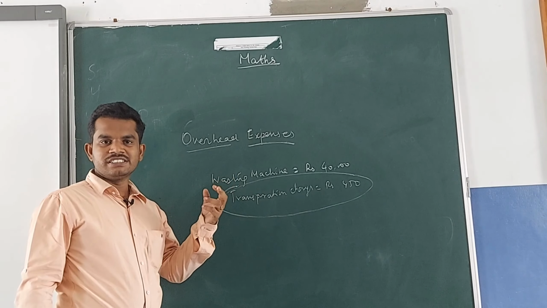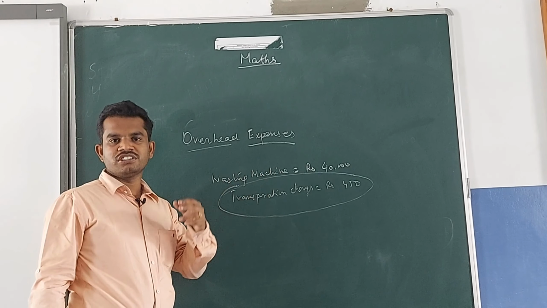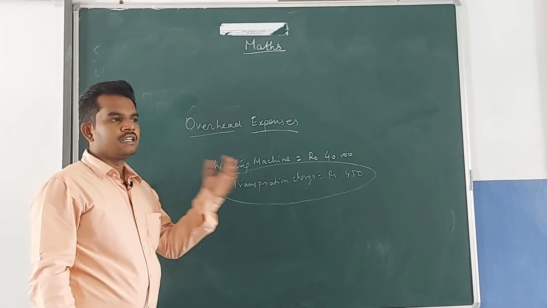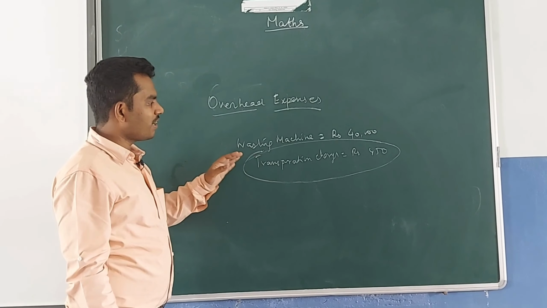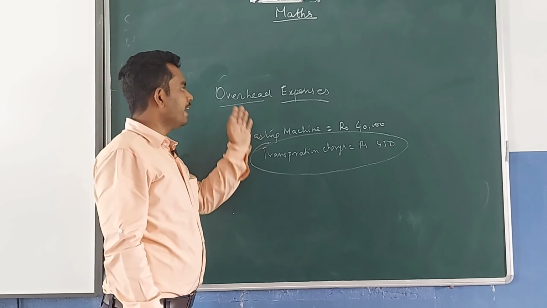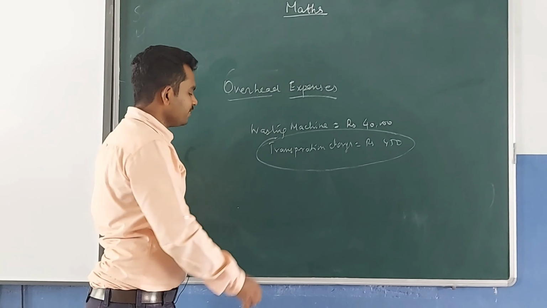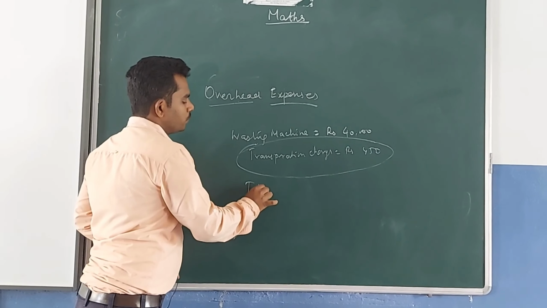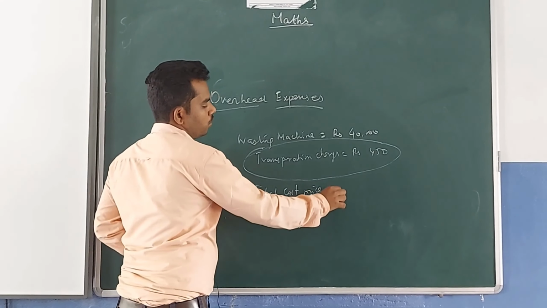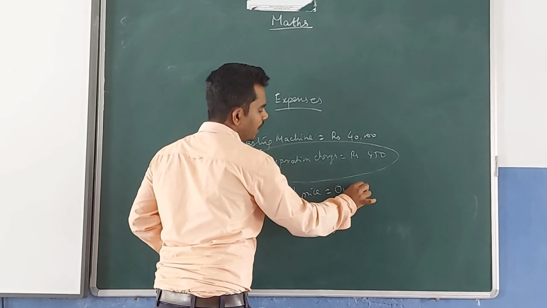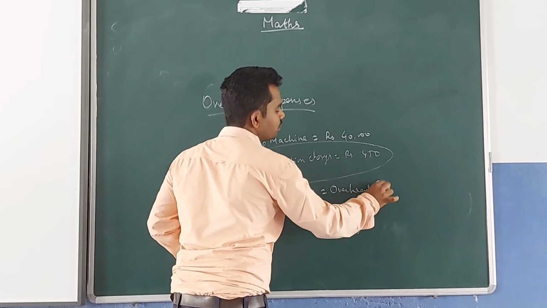Some repair charges or some transportation charges or any service charges. So these charges are called overhead expenses. That means the total price equal to the original price, with the overhead expenses also added.